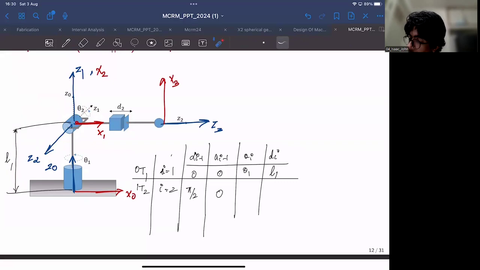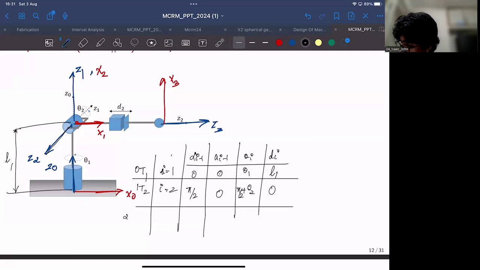And there is already an offset of 90 degrees between them. So 90 degrees plus this theta 2, that would be pi by 2 plus theta 2. And you don't need any further translation along Z2 because they are again coincident. So that also makes it 0.